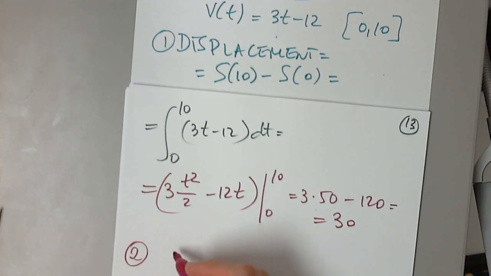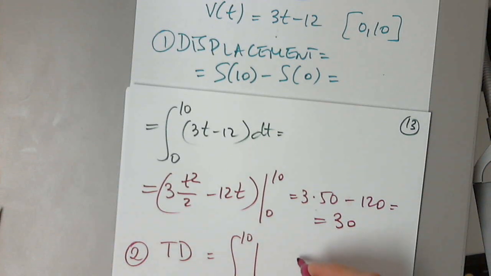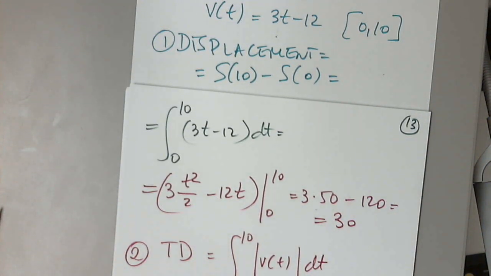Now, for part 2, we are asked to find the total distance, which will be the same thing, but from the integral of the absolute value of v of t dt, which is a different story.